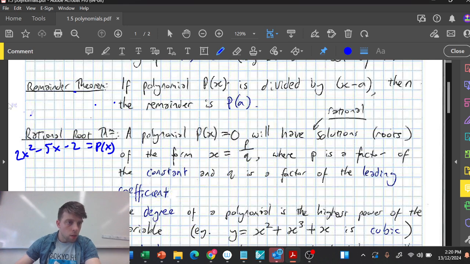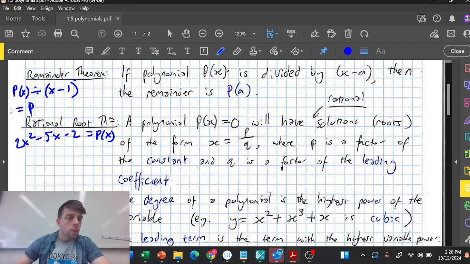What we want to do is divide p of x by x minus 1. The remainder of that will be equal to p of 1. So I'm going to take 1 and replace the x values in this formula with 1. So we're going to get 2 times 1 squared minus 5 times 1 minus 2.